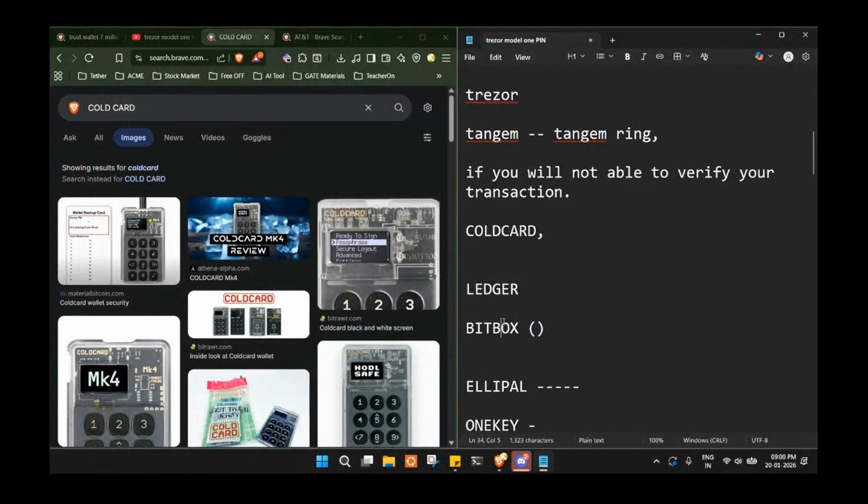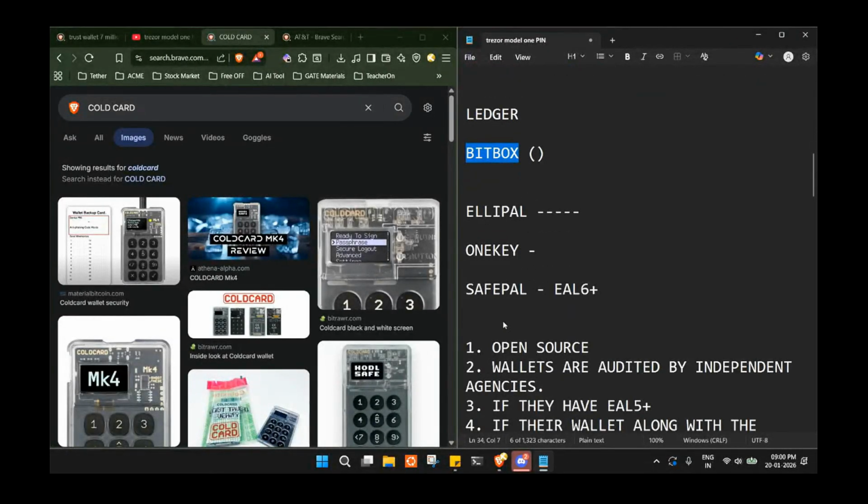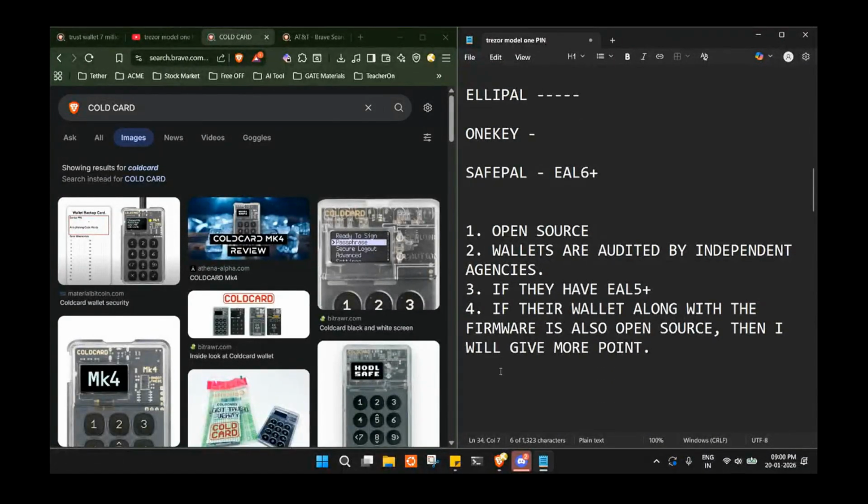Uh, Bitbox, can I say something? Yeah, please go ahead. One more important thing is that, for example, take SafePal. To use SafePal, you have to use the application provided by SafePal only. I think the application should be different.